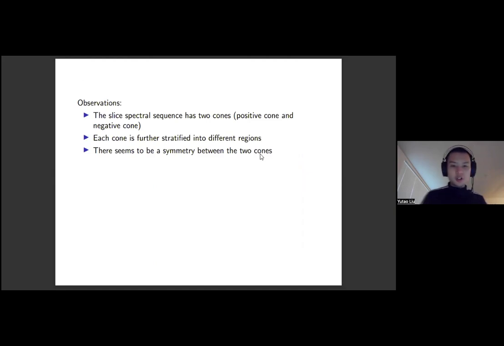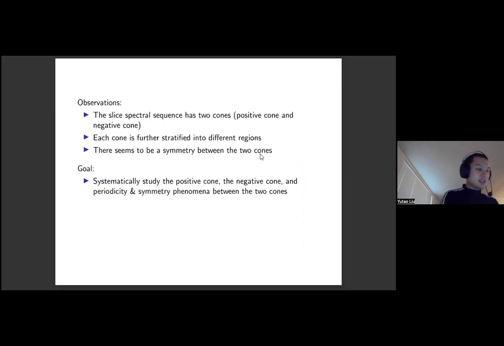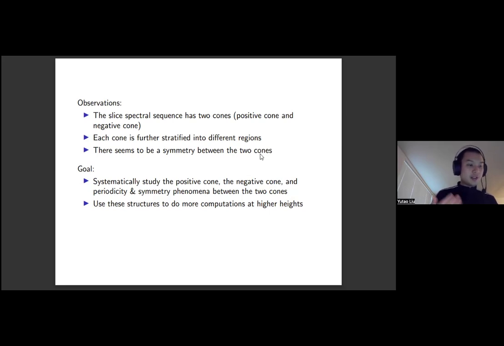Our goal is to systematically study the positive cone, the negative cone, and also their relations. There are some kinds of periodicity and symmetry phenomena between the two cones, and then we can use these structures to do more computations at higher heights. So we can compute more slice spectral sequences and obtain more information on different Morava E series.